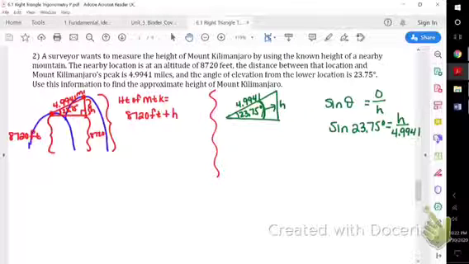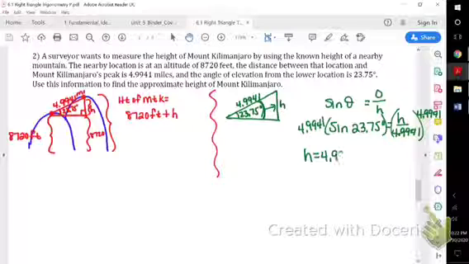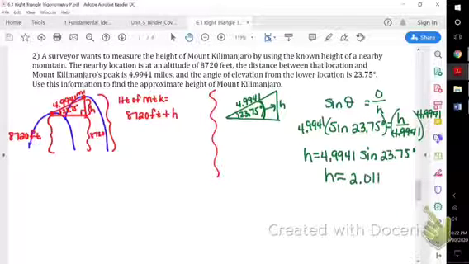And then just like in the others, we're just going to algebraically solve this. So I'm going to multiply by that denominator on both sides. And so we're going to get that H is equal to 4.9941 times sine of 23.75 degrees. So let's put this into our calculator, and we should get approximately 2.011.